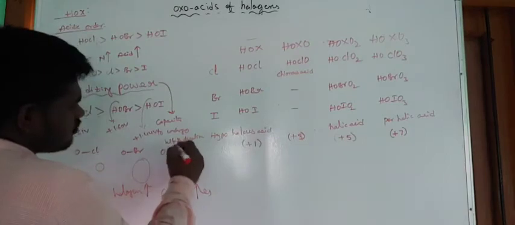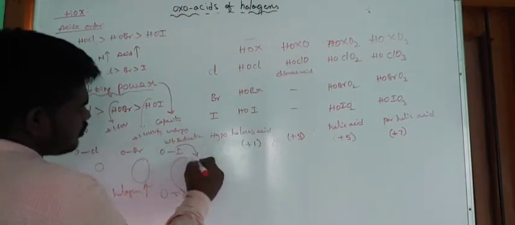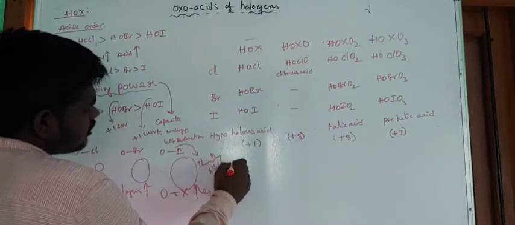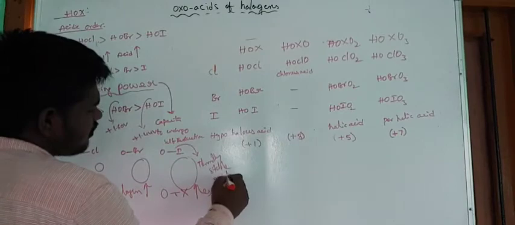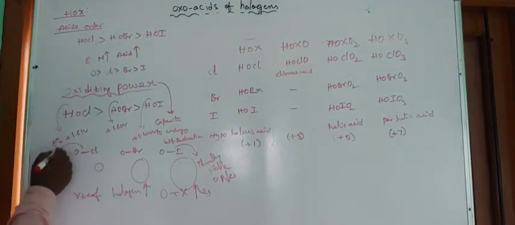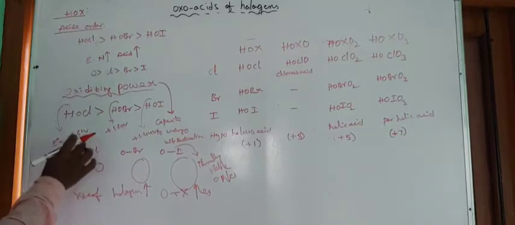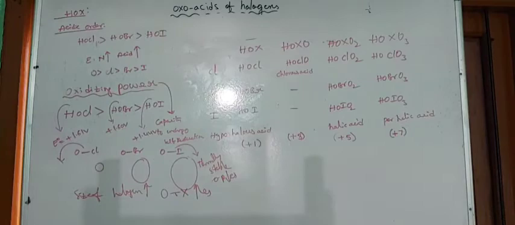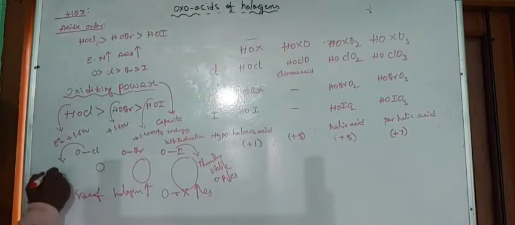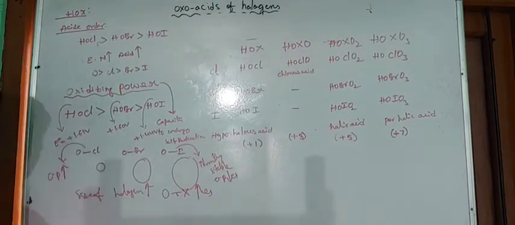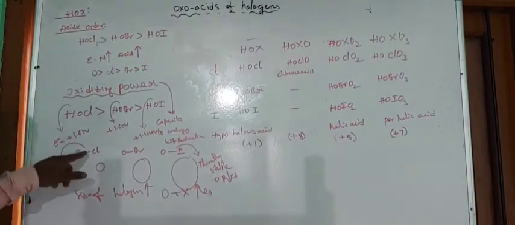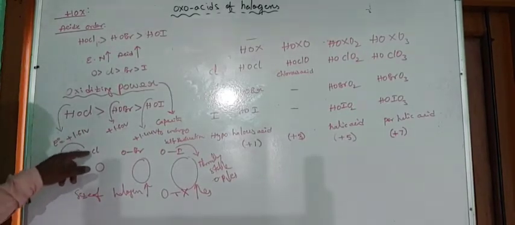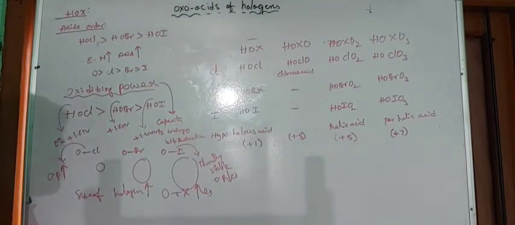This bond is thermally stable, so oxidizing power decreases, and this bond is thermally not much more stable. Comparing to this one, this is not a stable one, right? So this one has more oxidizing power because the thermal stability of this bond is a little bit weaker. That's why oxidizing power for HOCl increases.